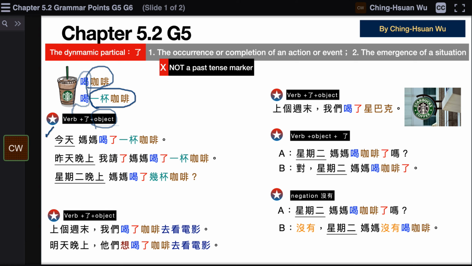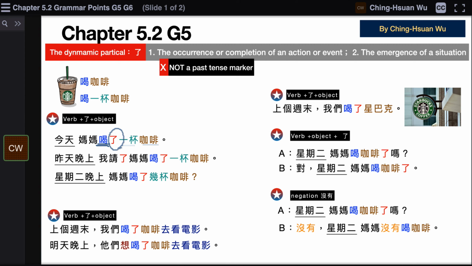For example, 今天妈妈喝了一杯咖啡. Today, mother drank a cup of coffee. Le, in this case, is placed right after the verb.